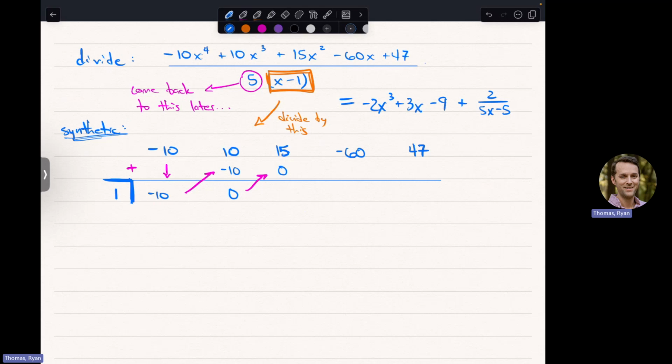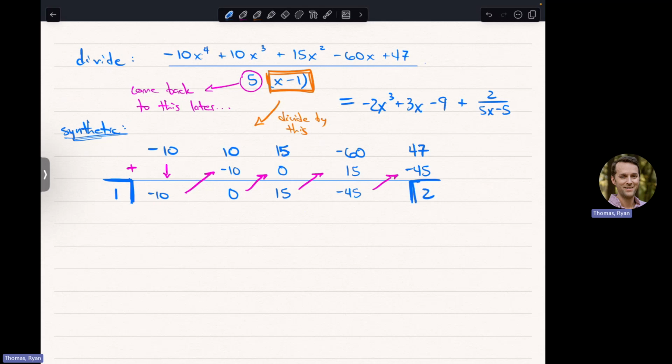15 plus 0 is 15. 1 times 15 is 15. Negative 60 plus 15 is negative 45. Times 1 is negative 45. And then 47 plus negative, sorry, I wrote 42 because I'm thinking a step ahead. 47 plus negative 45 is 2.